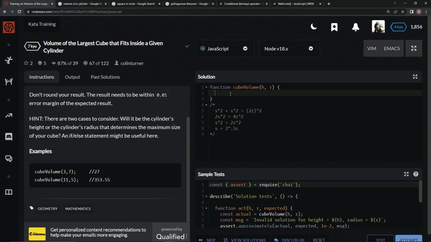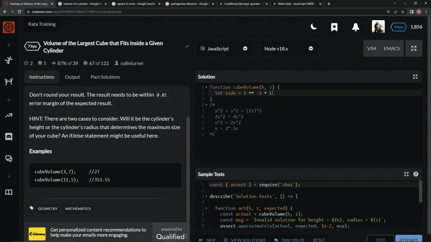So we're going to come over here and say, actually, first we're going to say let side equal, and then we're going to get this. We're going to turn this into JavaScript by saying 2 ** 0.5 times r.